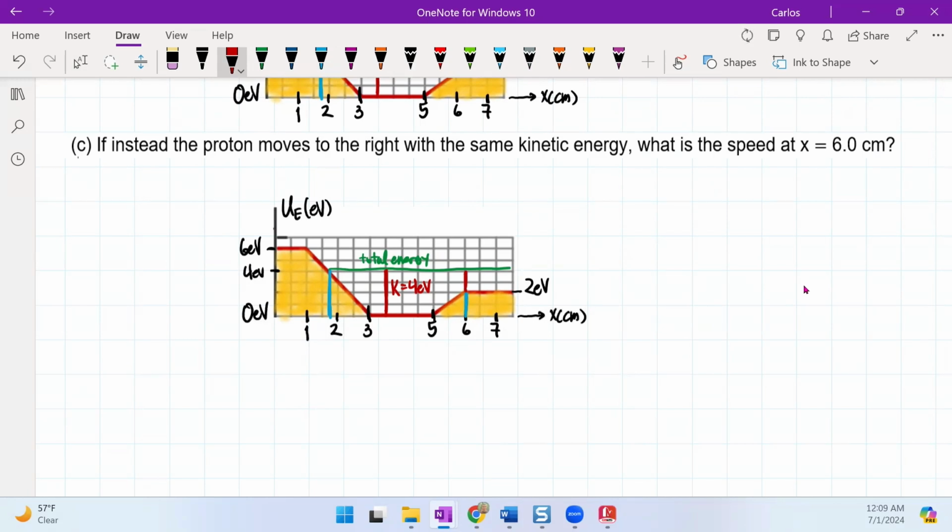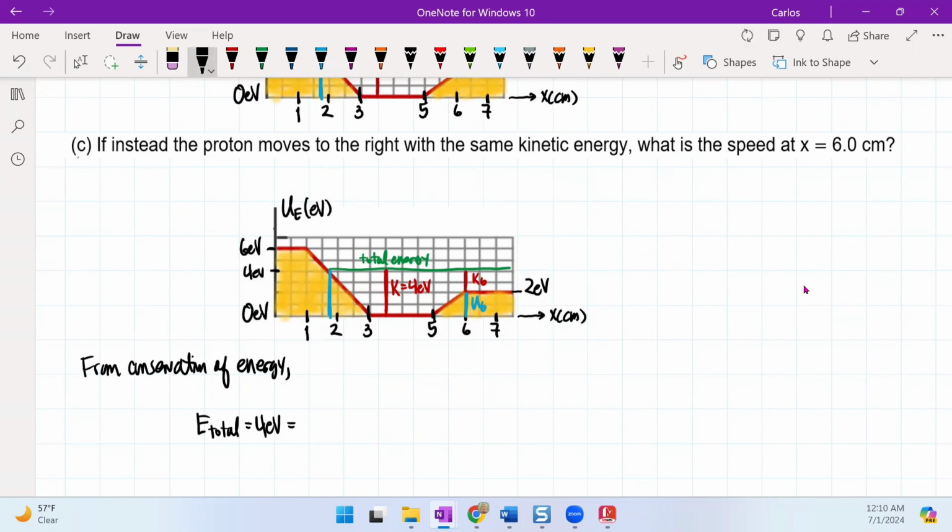So in this case, this is the kinetic energy at 6. This is the potential at 6. And so from conservation of energy, we know that the total energy cannot change. So this has to equal 4 electron volts.